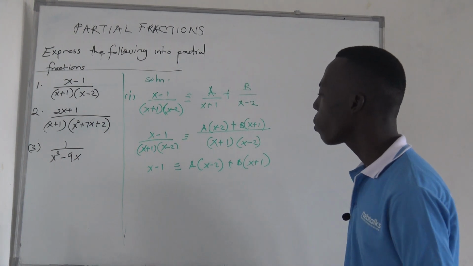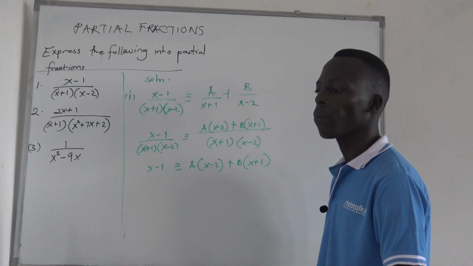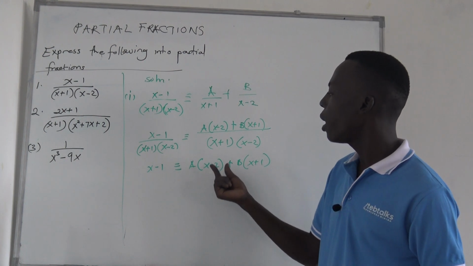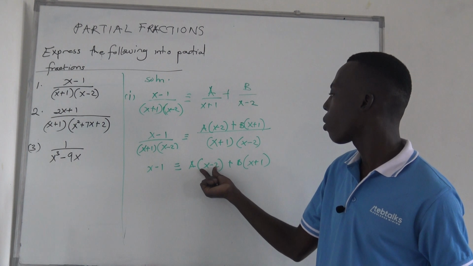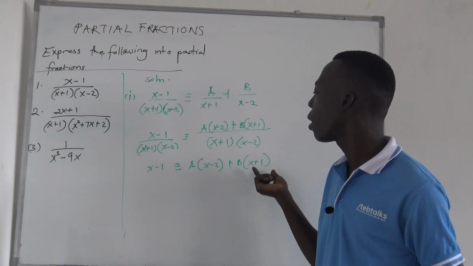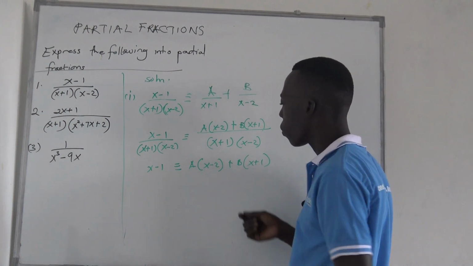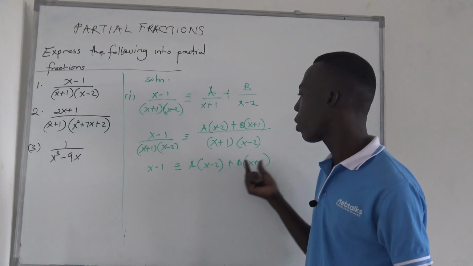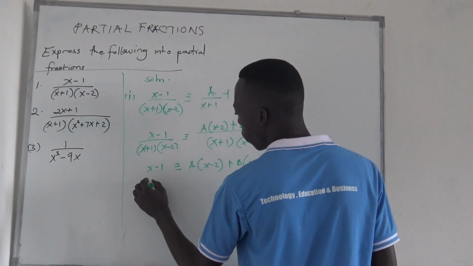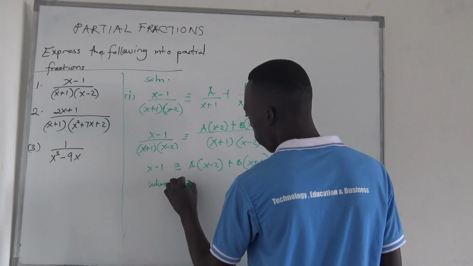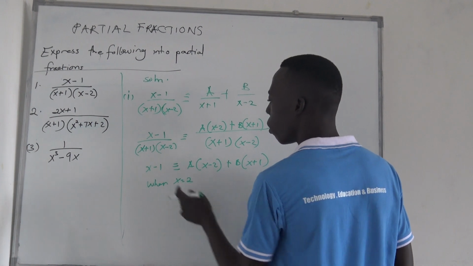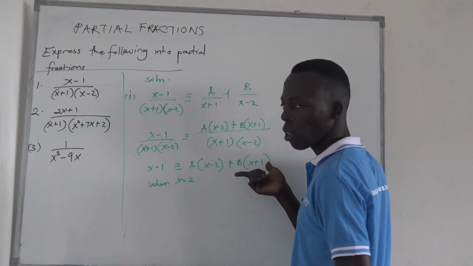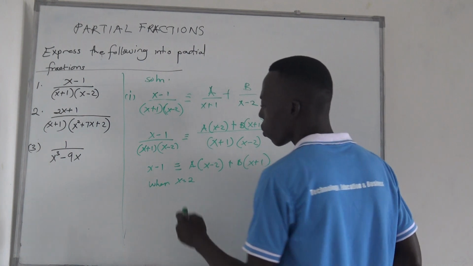Next we choose which number can make one of these terms become 0. When I put in 2 and subtract 2, we get 0, so we remain with only b. So when x equals 2, we put 2 everywhere there is x in this step.